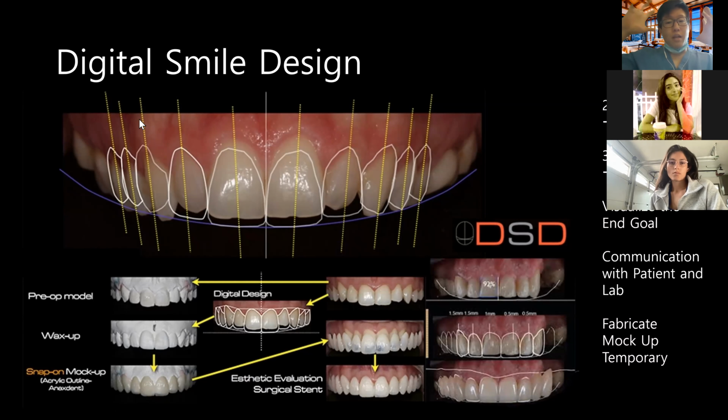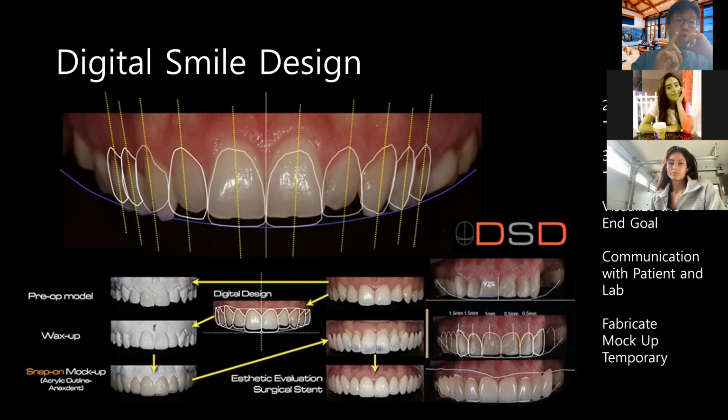And you can then fill that outline with a fake digital veneer. So as you can see here, the bottom where I'm pointing to. These fake digital veneers can be used to show the patient what they can be, right? So it's a great communication tool for the patient.